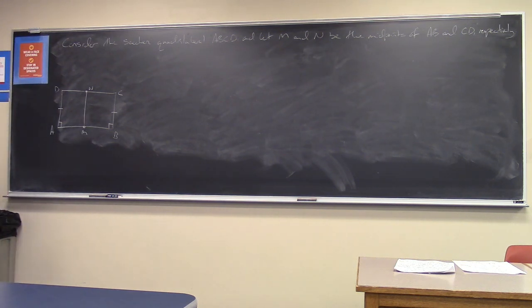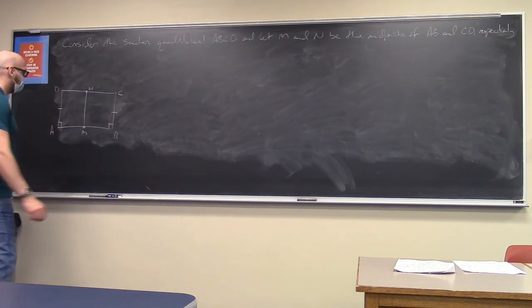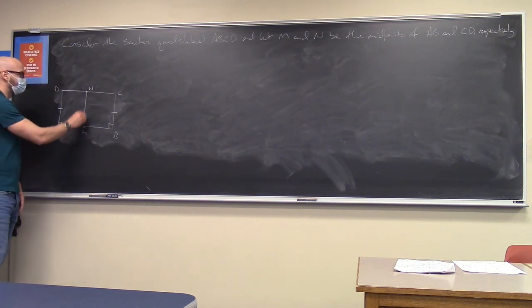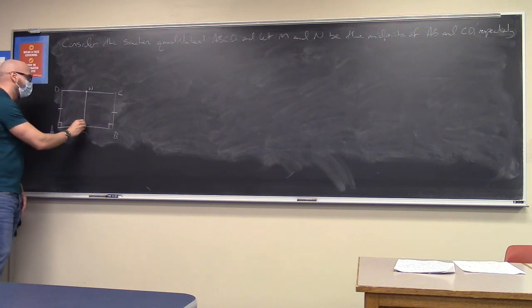What if I connect them? Well, we actually showed this. I think this was one of the very first things we ever proved about Saccheri quadrilaterals: the line that passes through the midpoints of both the base and the summit is the perpendicular bisector of the base.